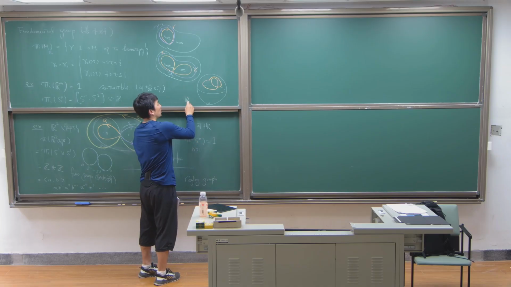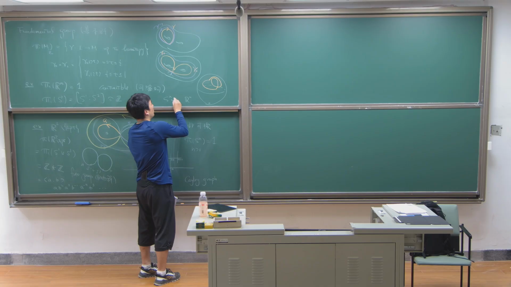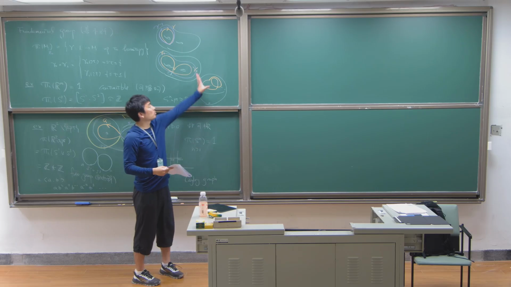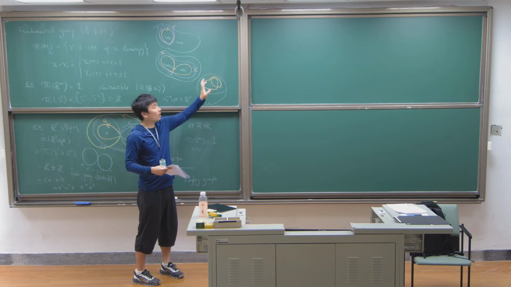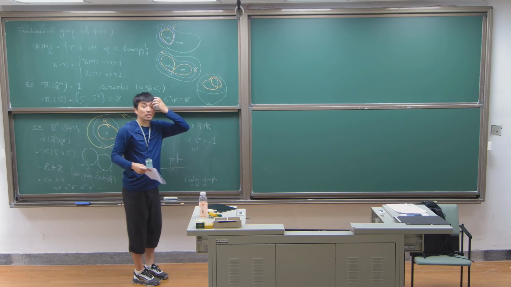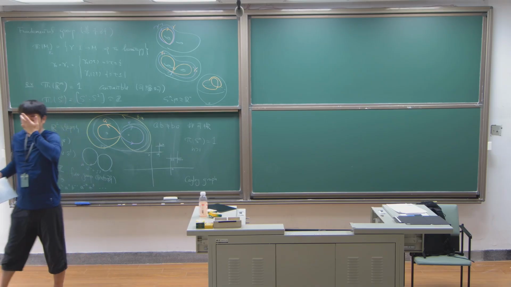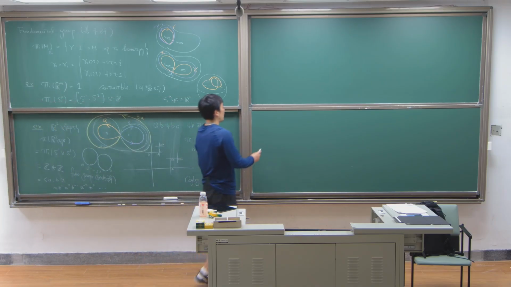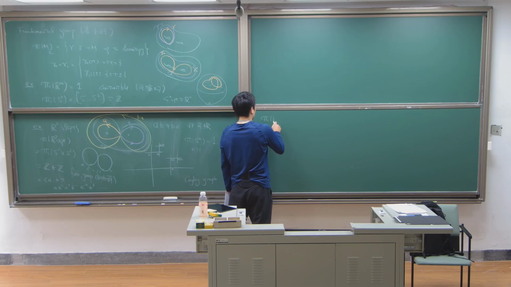It's isomorphic to Rn. And Rn is contractible, right? So this is contractible to a point. So therefore, always it's trivial. Yes, when n is greater than 1. How about this one?